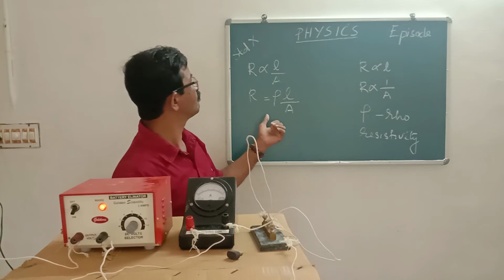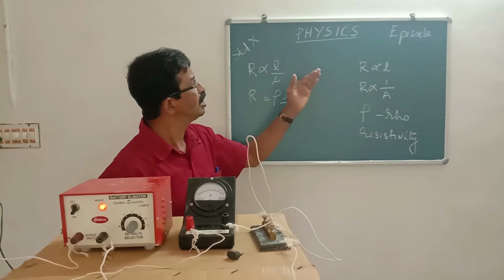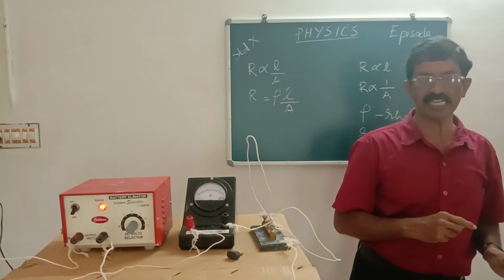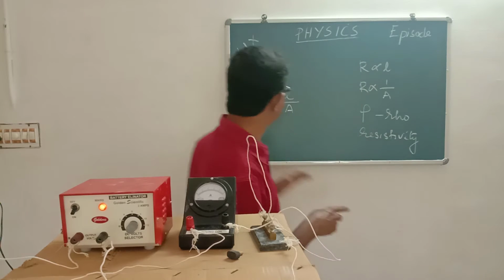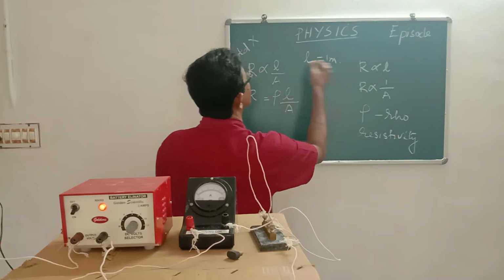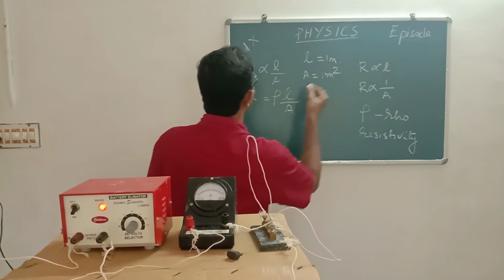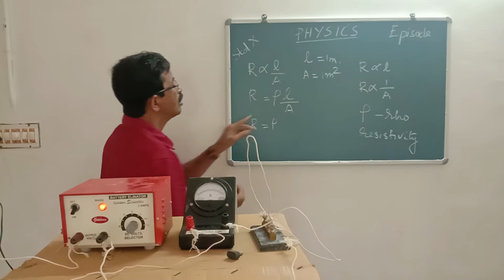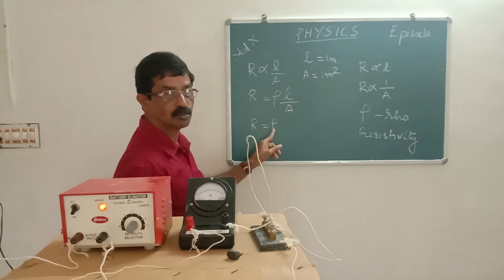Resistivity of the material. That means resistivity is the resistance of a conductor of unit length and unit area of cross section. See here, suppose we take a conductor of length 1 meter, and area of cross section 1 meter square. Then by putting in, we get R equals rho into L by A, which is 1 by 1, that is 1. So R is equal to rho.